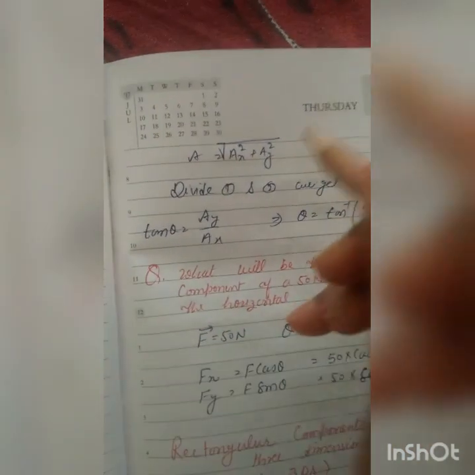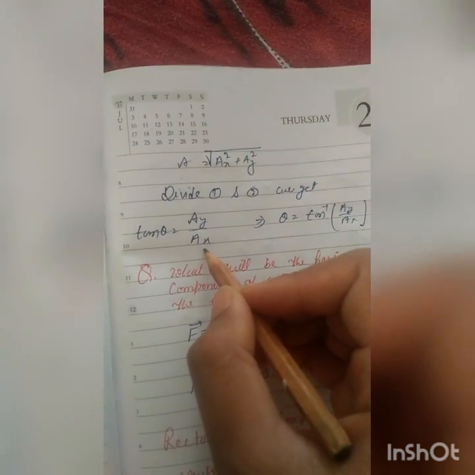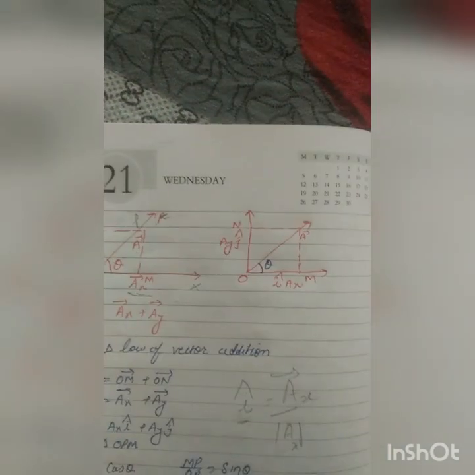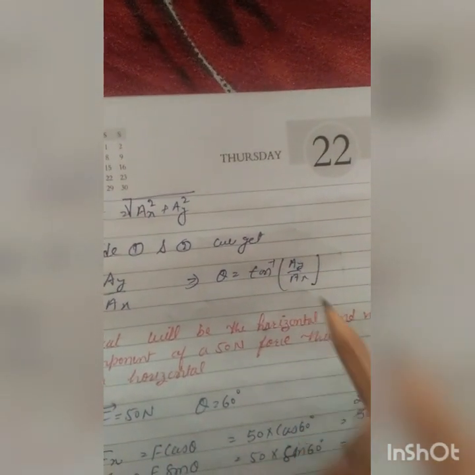We can also find the direction by taking the tangent of the angle. Tangent theta is perpendicular upon base, and the perpendicular in the triangle is AY and the base is AX. So tan theta is AY upon AX, and theta is equal to tangent inverse of AY upon AX.